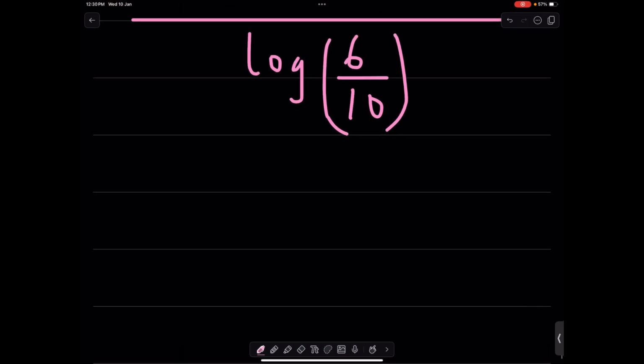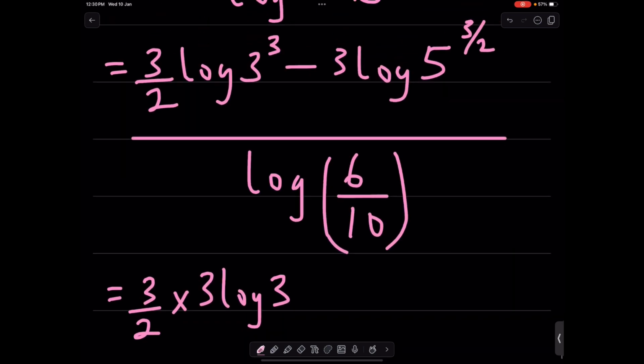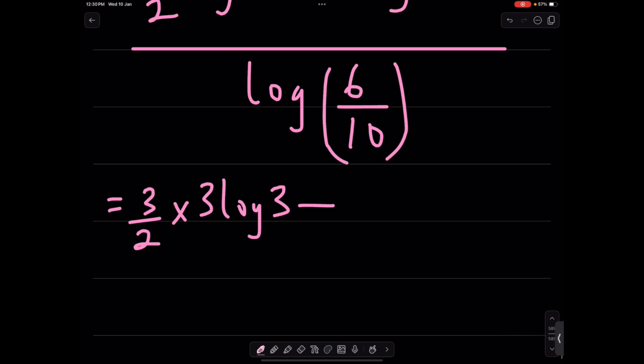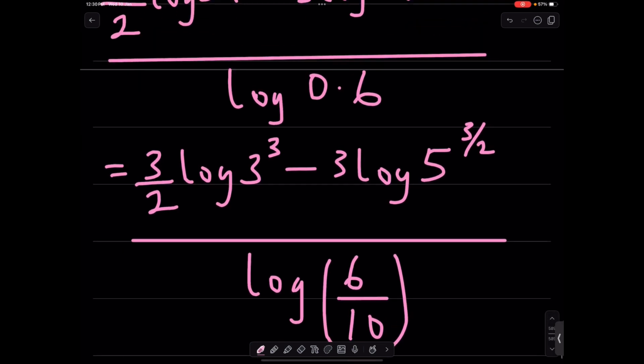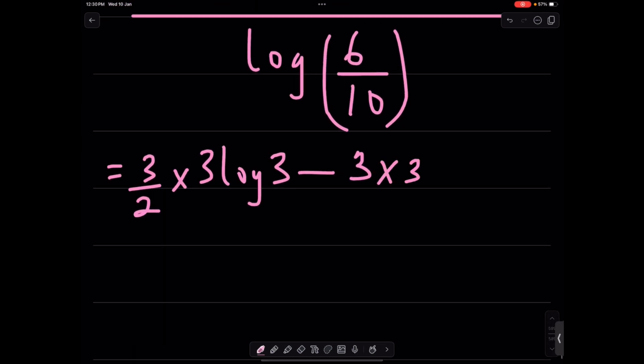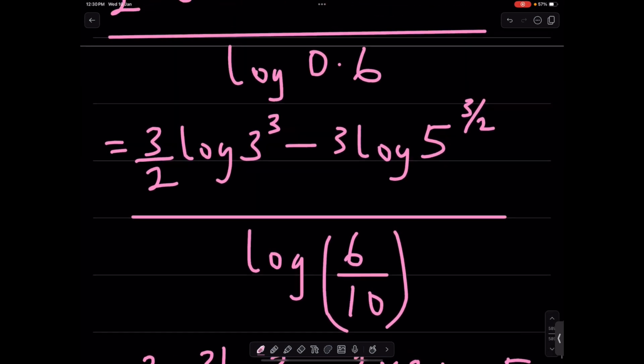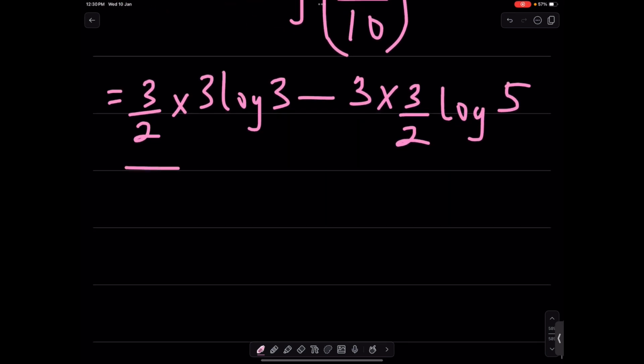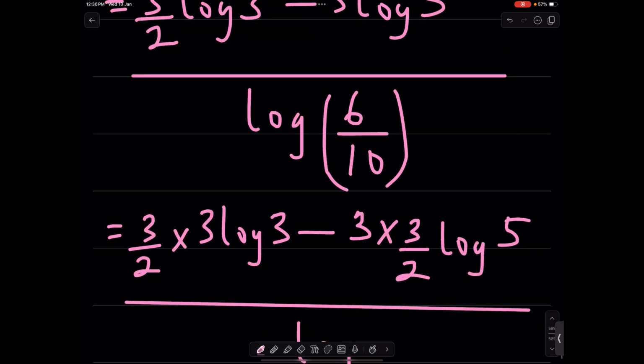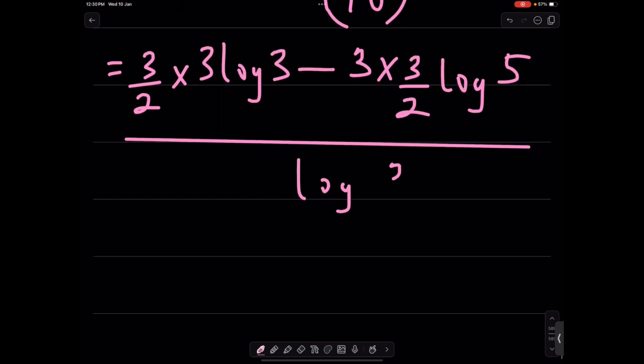Now that simply means 3 over 2 times 3 log 3 minus 3 times 3 over 2 log 5, all over log 6 over 10, which is the same as, 2 in 6 is 3, 2 in 10 is 5, log 3 over 5.